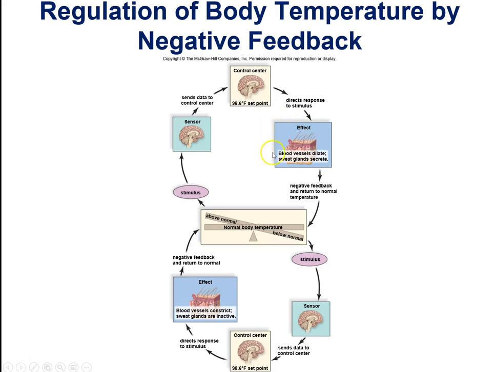And so the effect for body temperature being above normal is that blood vessels will dilate and sweat glands will secrete sweat. And then once that sweat is on your skin, it condenses. It's basically sort of pulling heat away. And so that's a cooling mechanism. We all know that. We sweat when we get heated, when we're running around, and it serves as a cooling mechanism because of the condensation of that water on the skin.